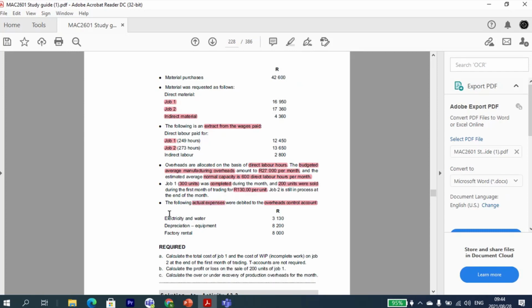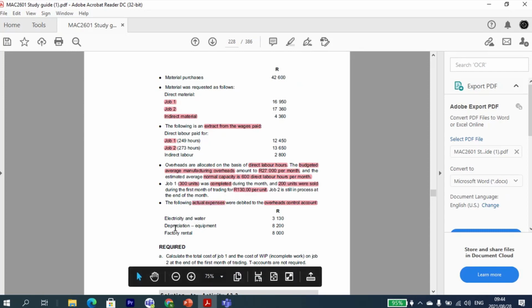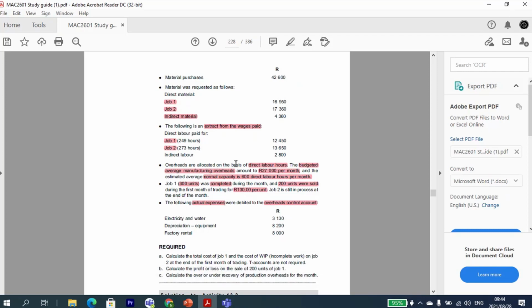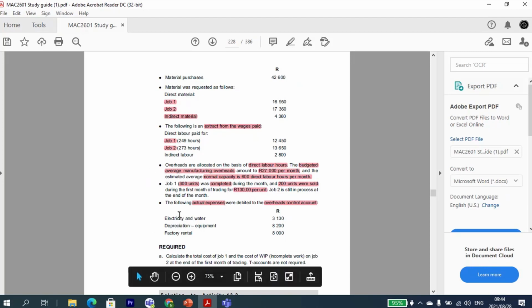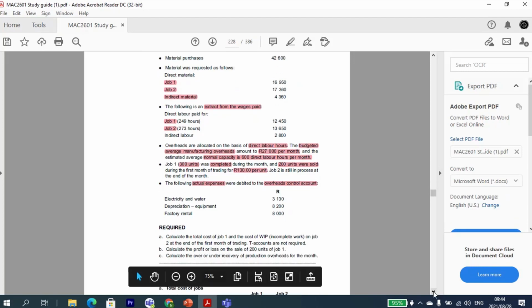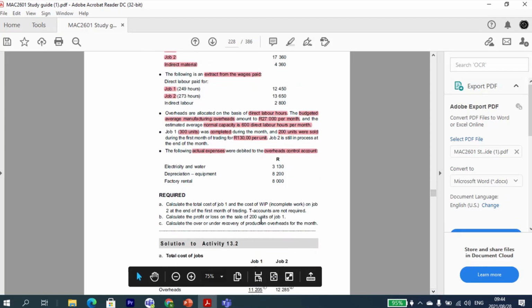So they're giving me electricity, depreciation, and the rental. So after getting my allocation for manufacturing overhead, I might have my estimated manufacturing cost, but then I might have to do an under or over recovery, if they do ask me that question. So that's the information that they gave me.